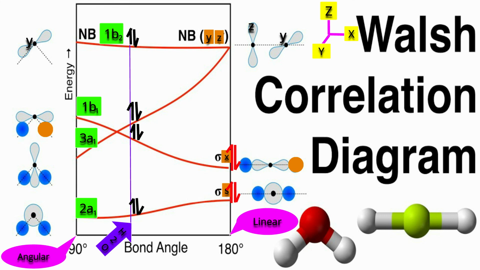So where there is maximum stability, that bond angle will be chosen by the molecule, and in the case of the water molecule, 104.5 degree is the most suitable bond angle from the energetics point of view, from the Walsh correlation diagram point of view, hence the observation.